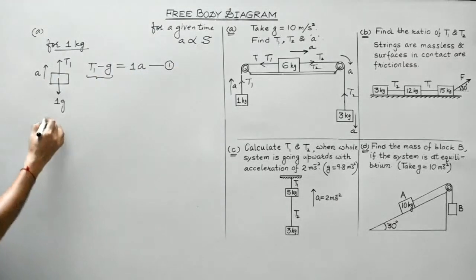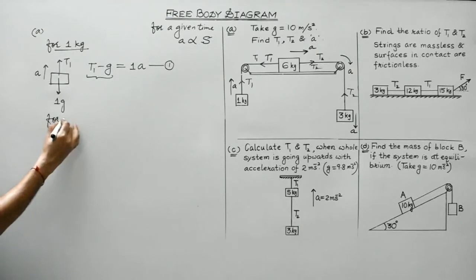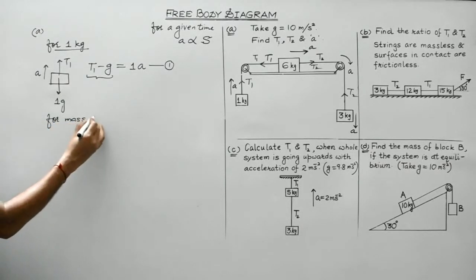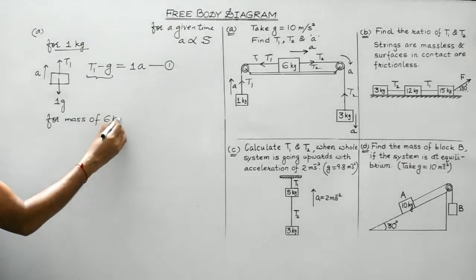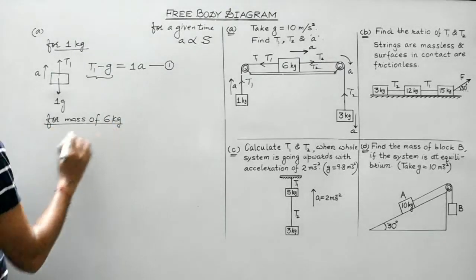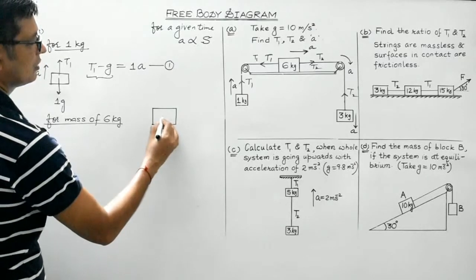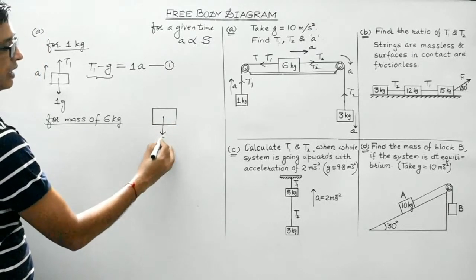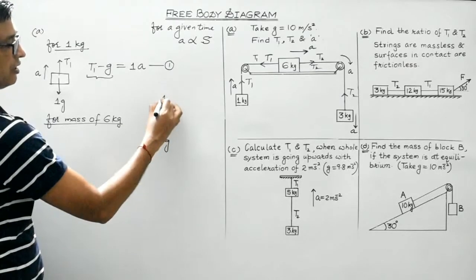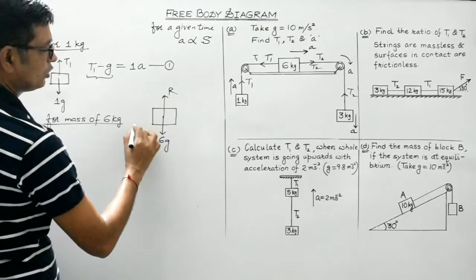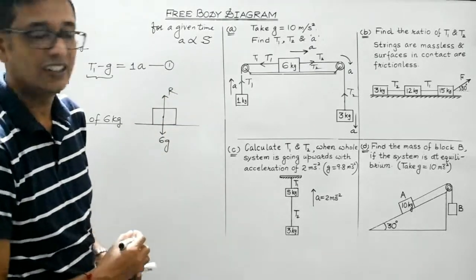Now consider the free body diagram for the mass of 6 kg. So this is 6 kg mass. Its weight will act in the downward direction, 6g. Reaction always acts perpendicular to the surface over which the body is placed, isn't it?